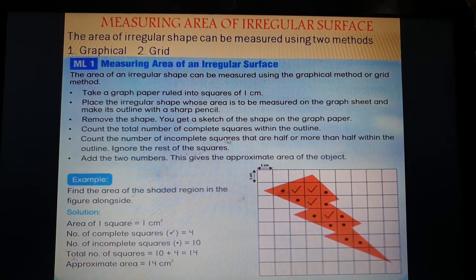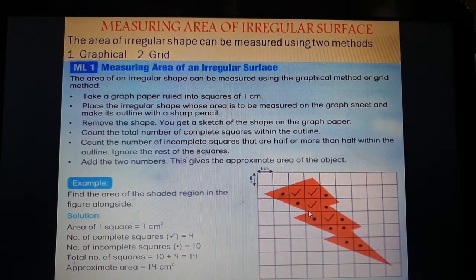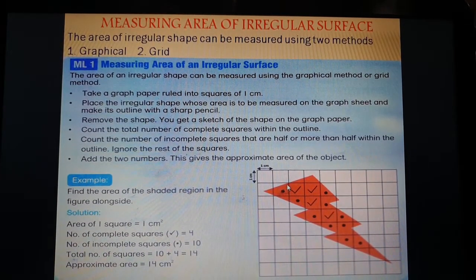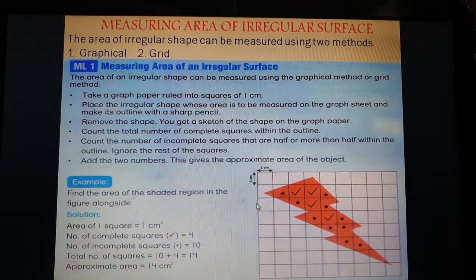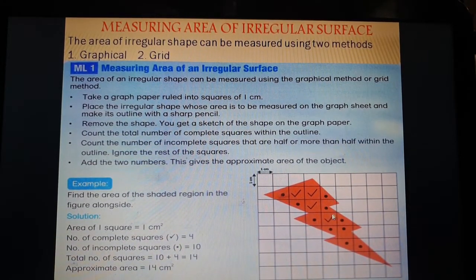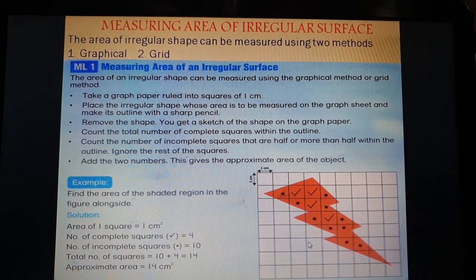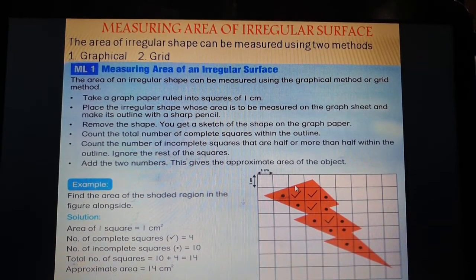After drawing the outline of the given object which you have placed, next remove that object and keep it aside. After that you can see that this will be the outline of the given object, or the irregular shape of the given surface.